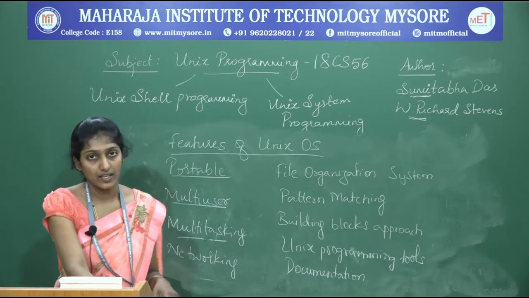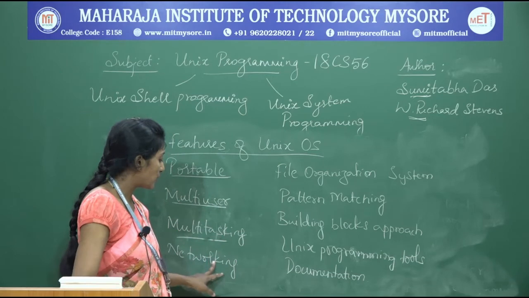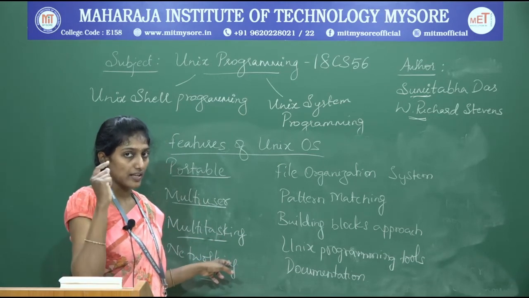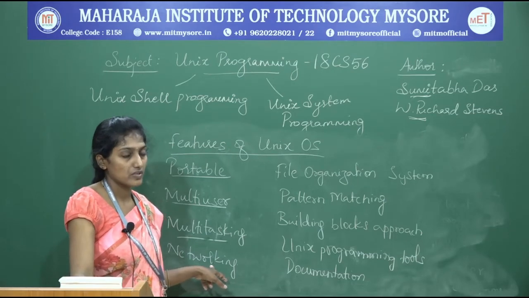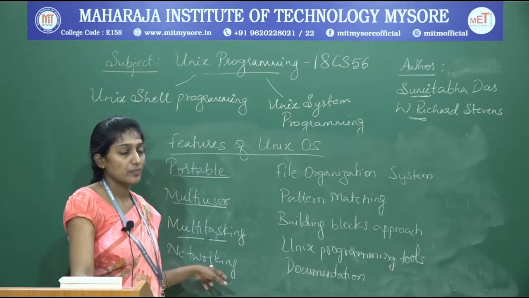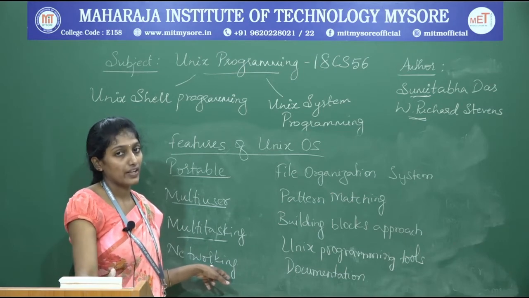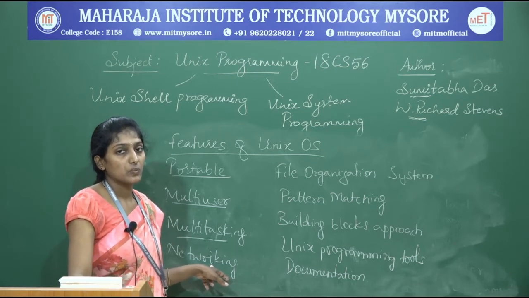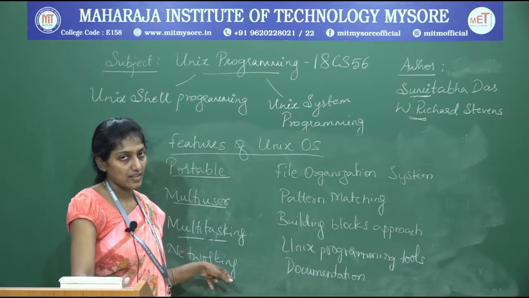Next is networking. Whenever we talk about a network, it comes to mind that a network is provided for communication between two end users. How do we communicate between two end users? Of course, we have a protocol for that.